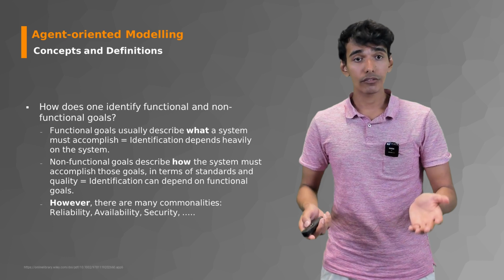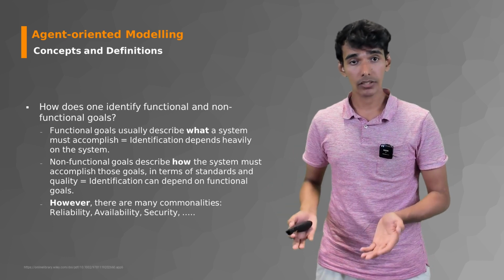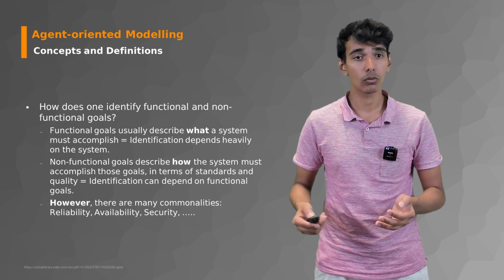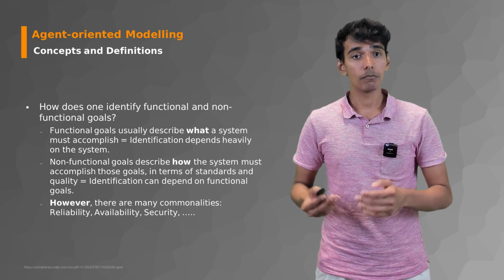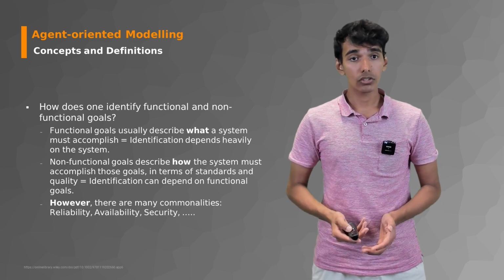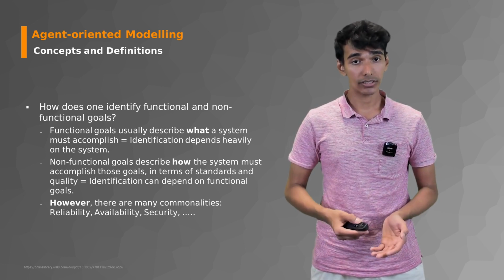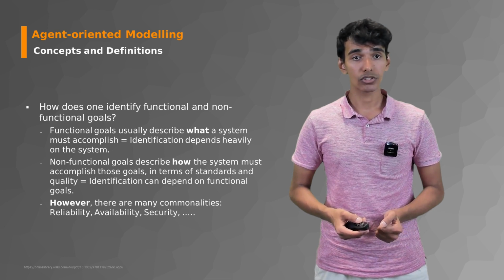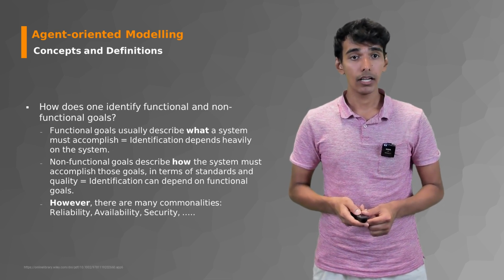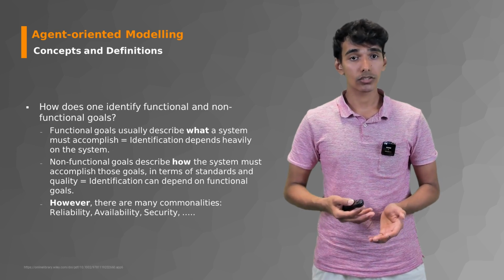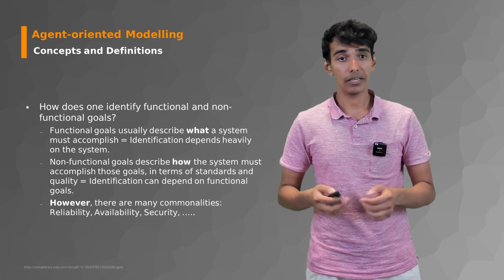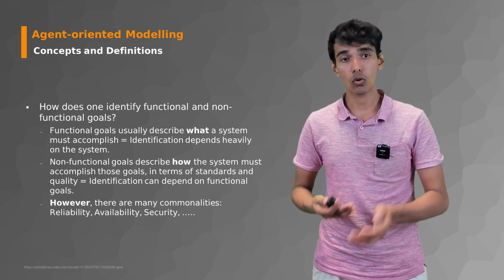We already defined functional and non-functional requirements in the very preliminaries of this lecture series. Now we're going to talk a little bit about functional and non-functional goals. Functional goals usually describe what a system must accomplish, so essentially it depends heavily on the system itself. Non-functional goals describe how the system must accomplish these in terms of standards and quality.